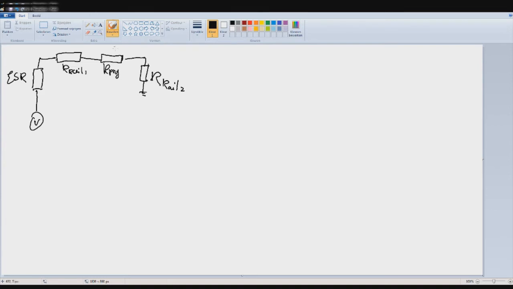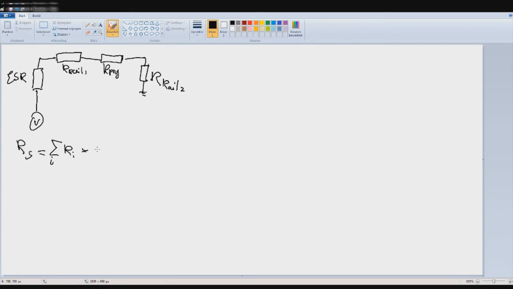So what we have here is then the system resistance, as we would say. The system resistance is then the sum of all the resistance components in the system.